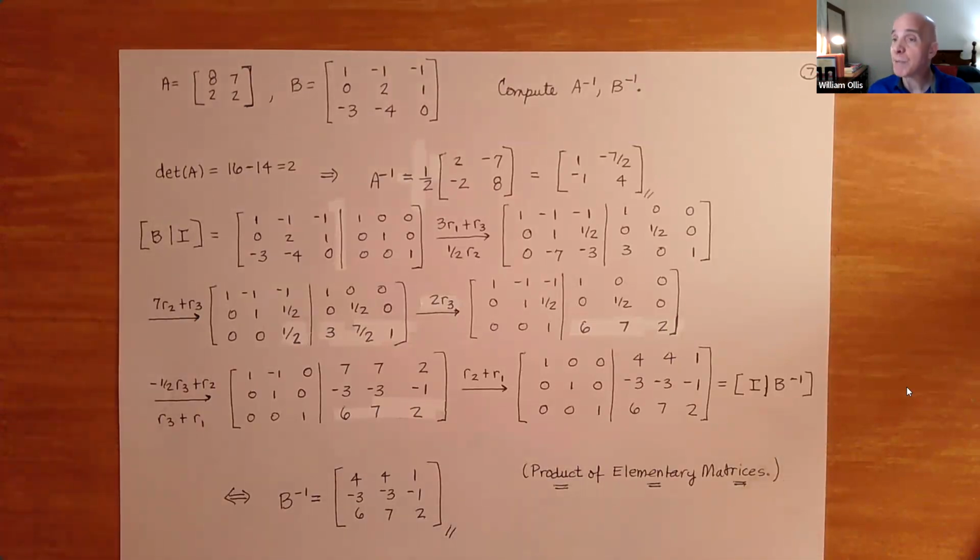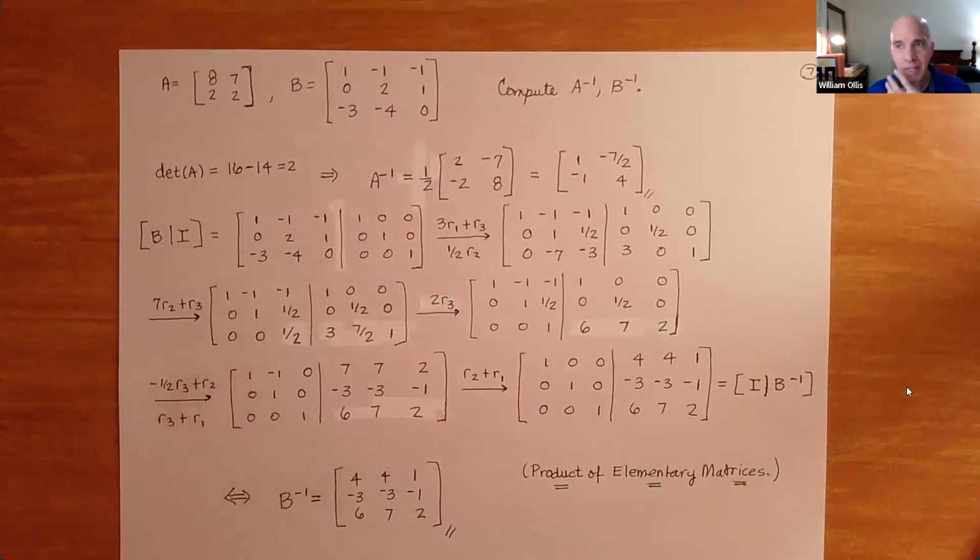So once we build that, then we know that the product of those elementary matrices is indeed what we're looking for. So again, this process utilizes the theory of matrices and the uniqueness of the multiplicative inverse to provide us with a very, very useful method for computing the inverse.